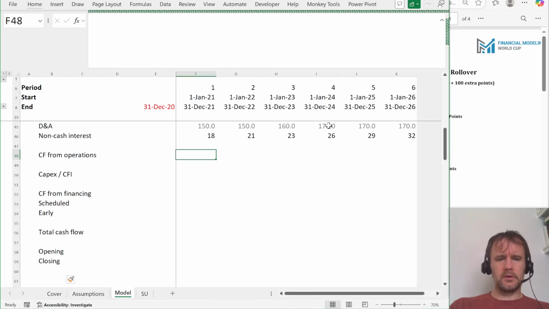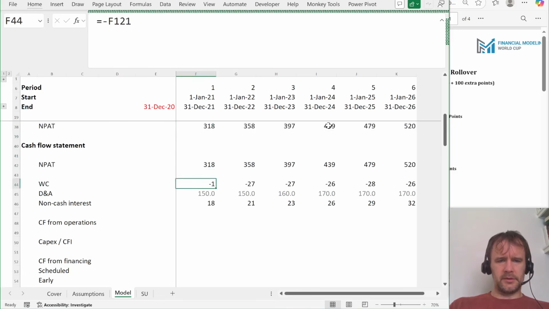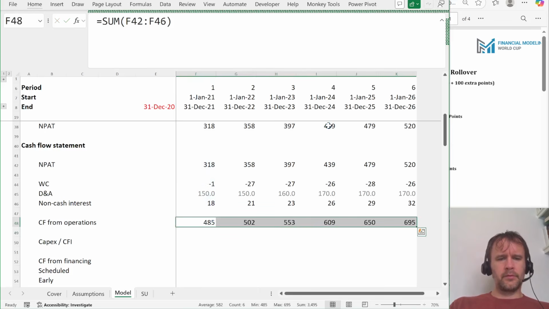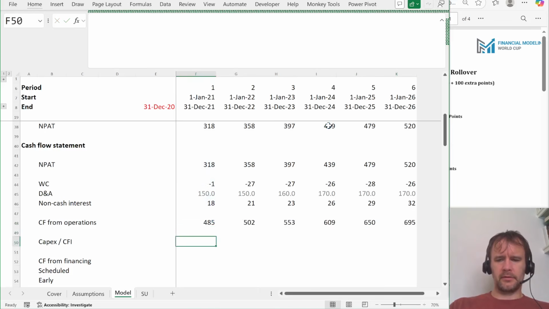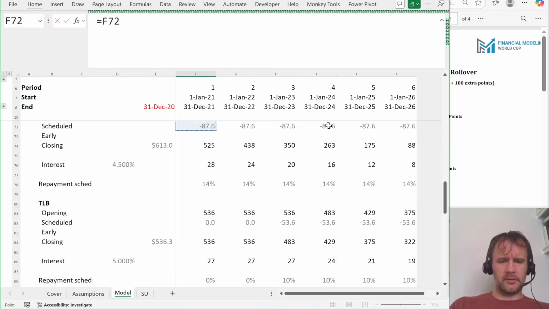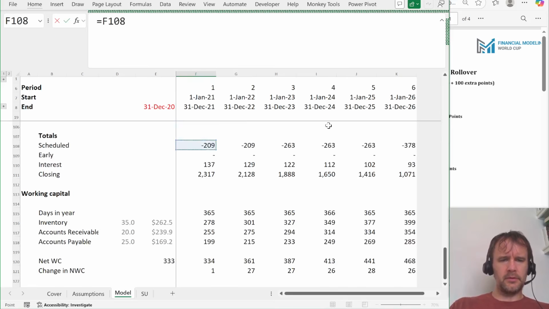Okay, so cash from operations should just be the sum of these. CapEx is going to be just the opposite of this because it's to keep them the same all the way through. Then scheduled repayments are going to be from here.